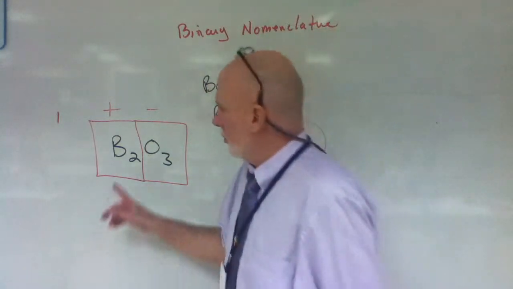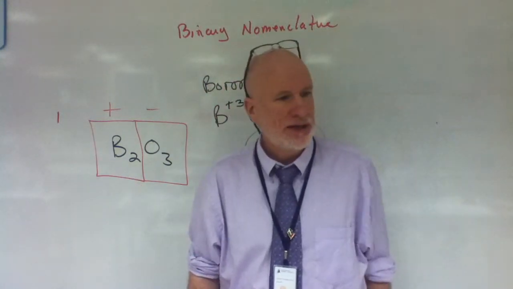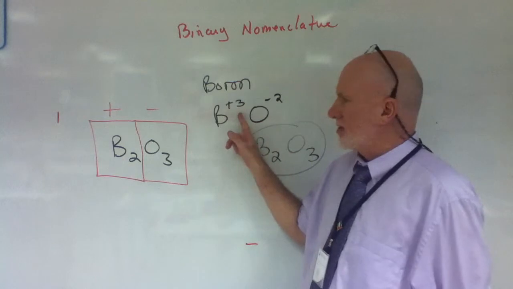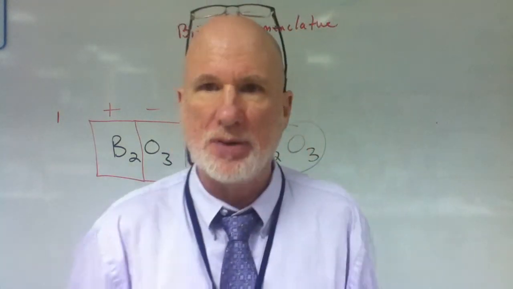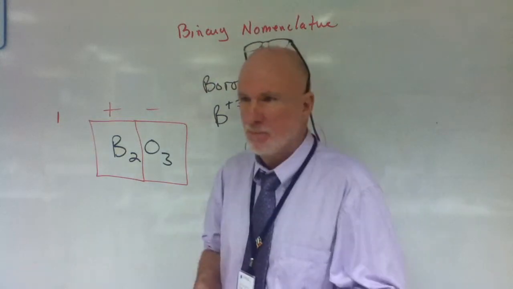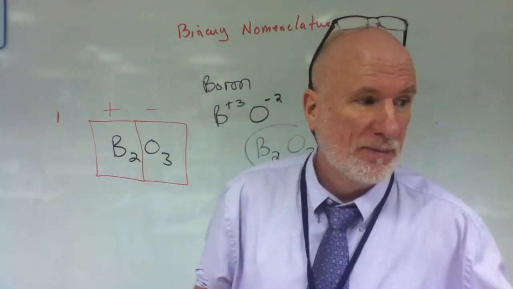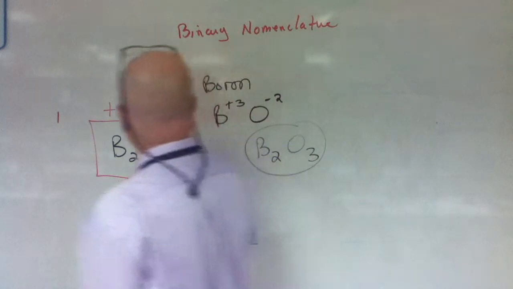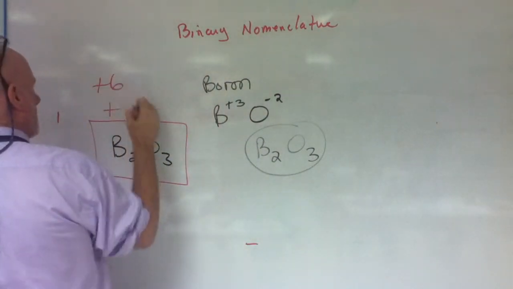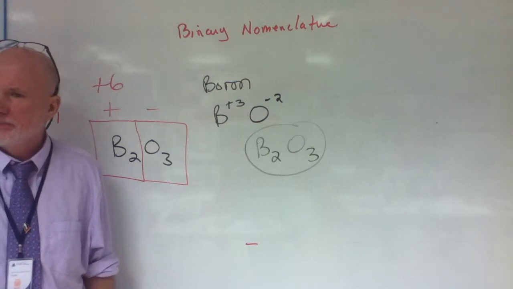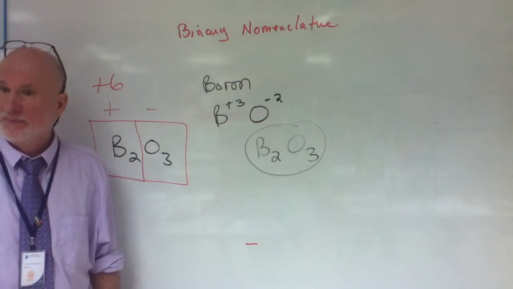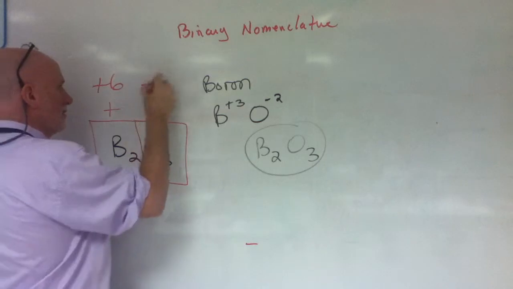Now, what's the total positive component? If each boron is +3, and I have 2 borons, what would the total positive component be? +6. Excellent. And what would the total negative component be? -6.